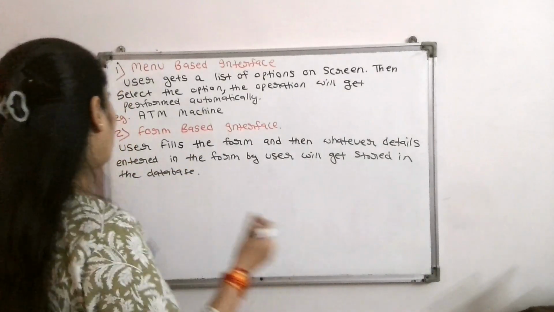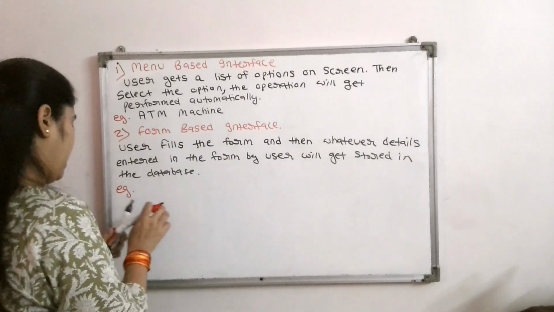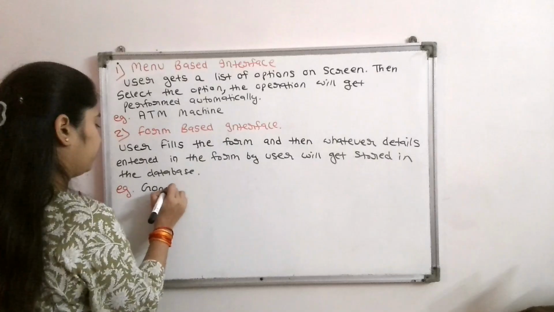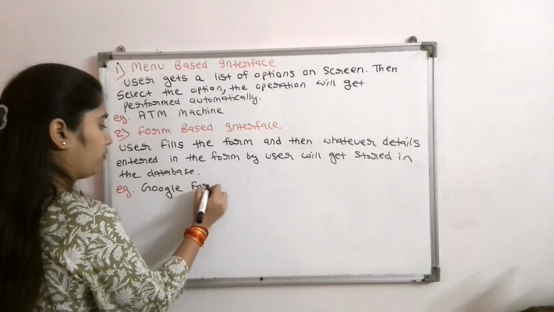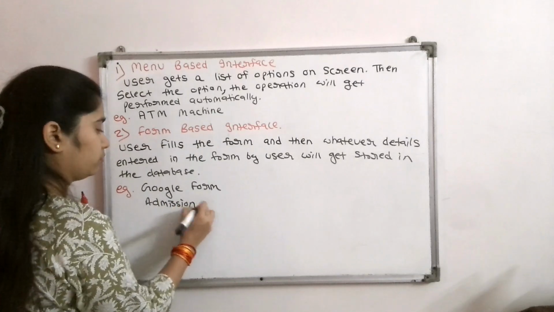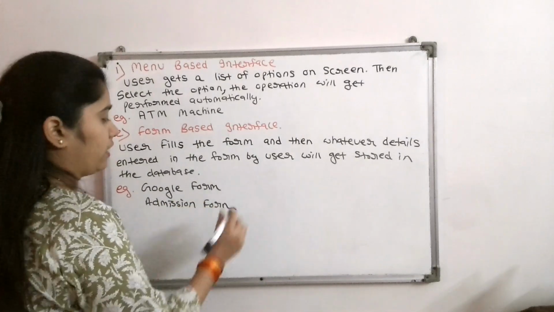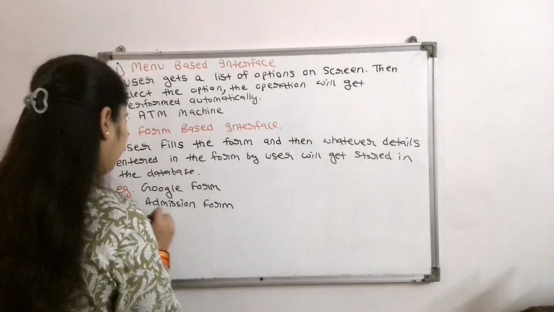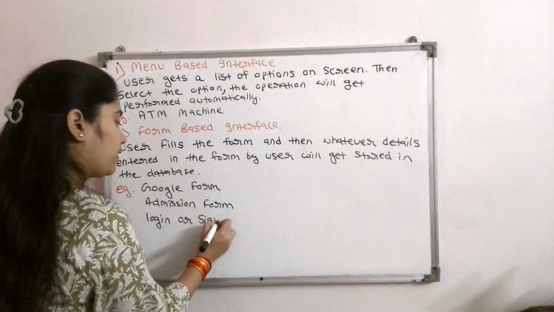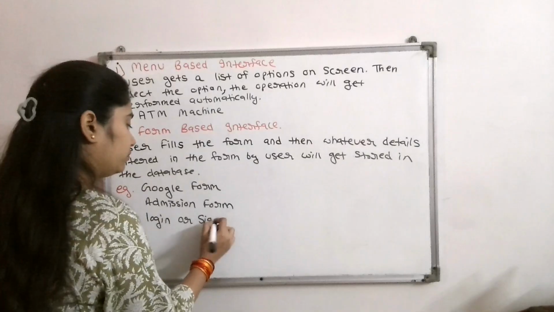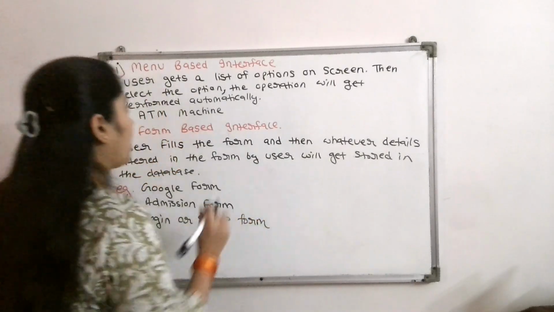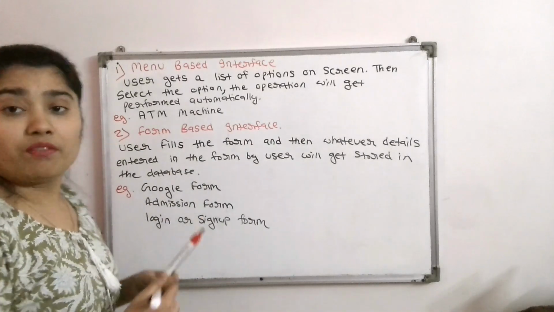Okay, we have seen the example also. Let's write the example. Suppose we have seen a Google form, or any admission form, or any login or sign up forms. Okay, so these are the two types of interfaces which we have studied.